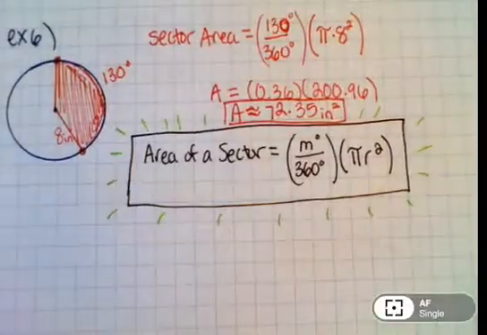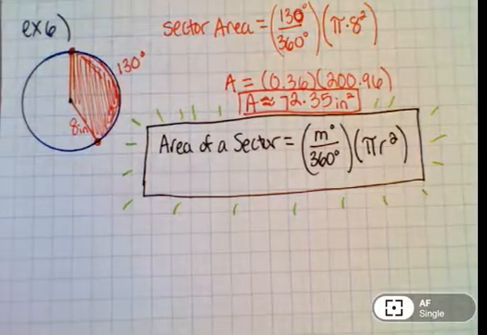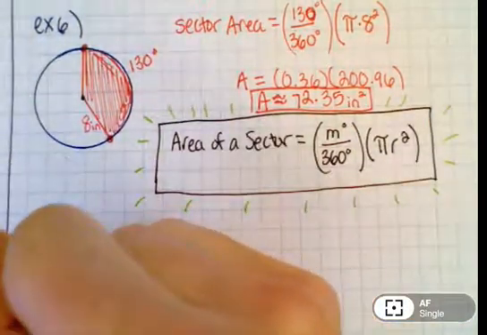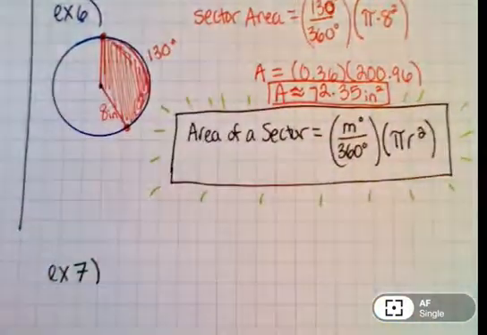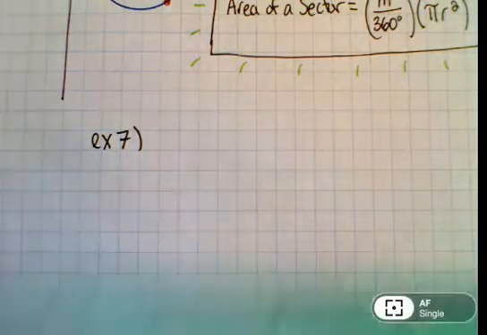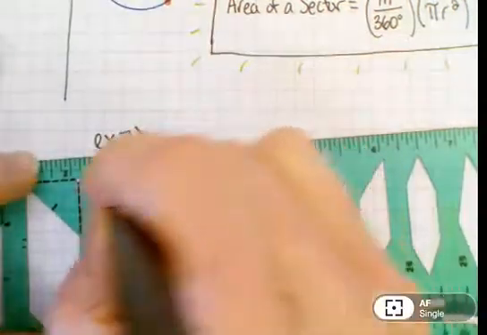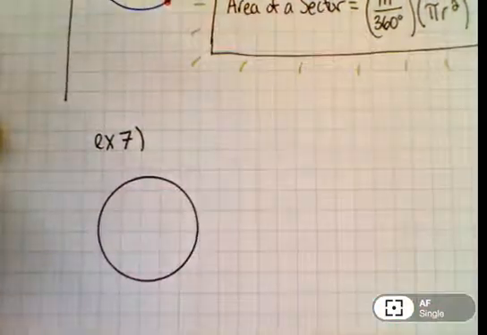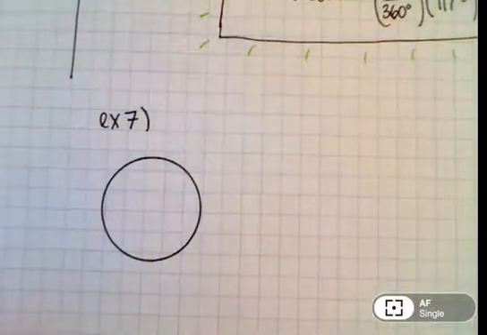Okay. We just have one more example, and then we are done for today. So example 7, draw a circle. Draw a center.